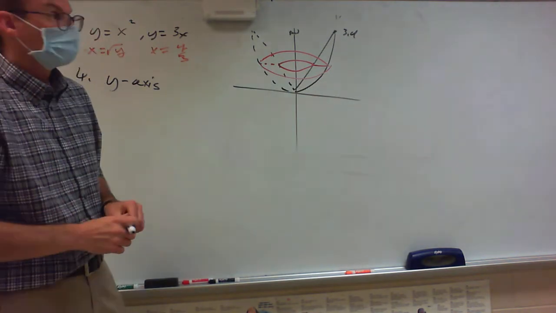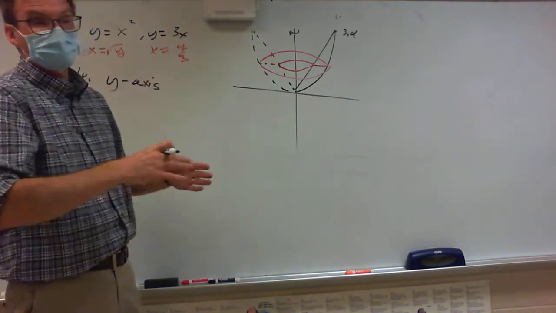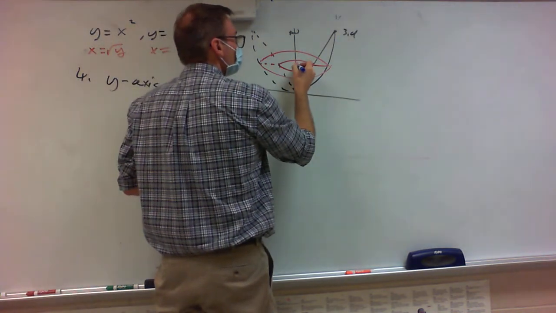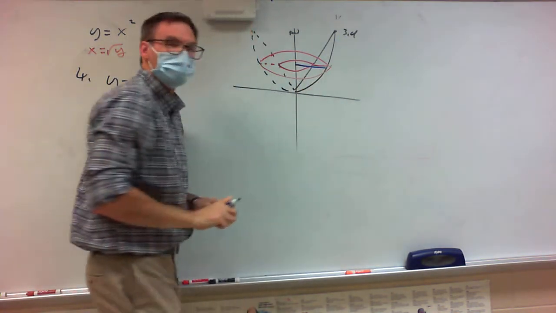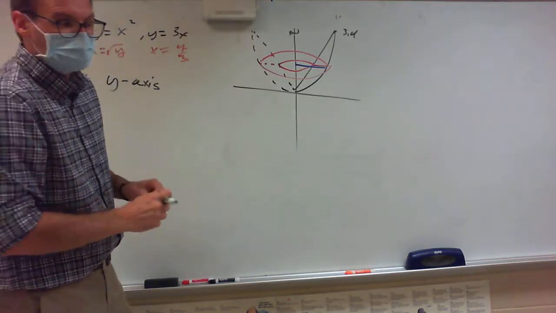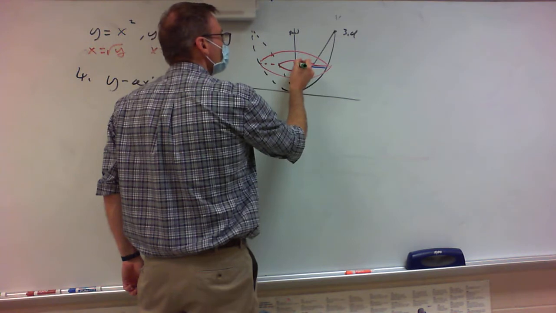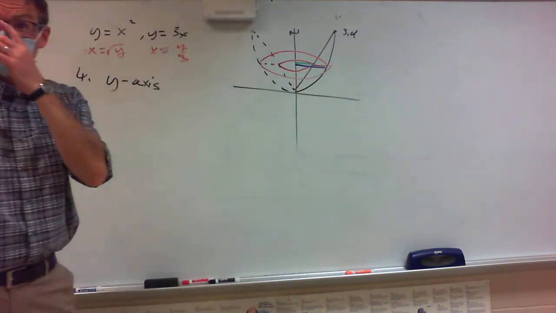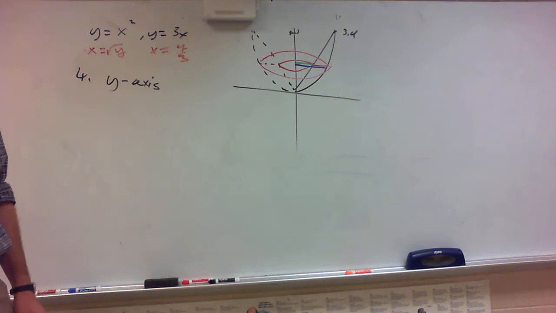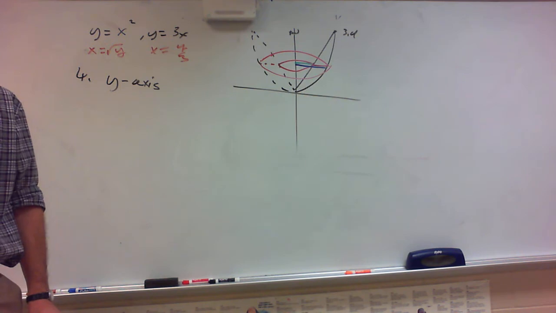And since I'm going to do a washer, I have to do big circle minus little circle. So axis of rotation to the far end of the rectangle, that's the big radius. Axis of rotation to the close end of the rectangle is the small radius. Does everybody see that?